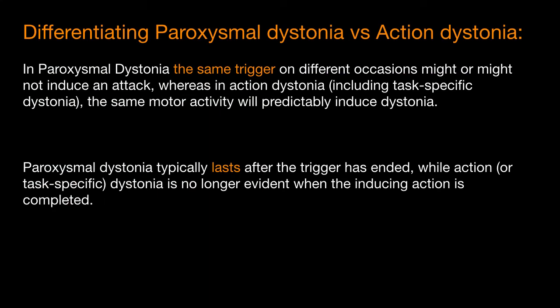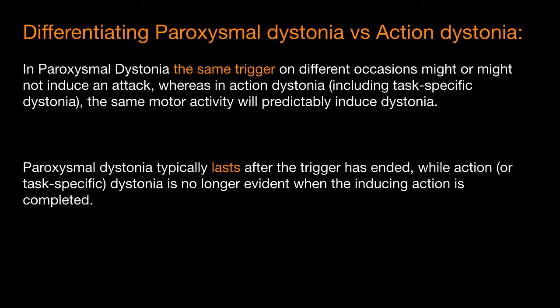To differentiate paroxysmal dystonia from action dystonia, a few points should be remembered. Action dystonia is always triggered by the same activity or actions, such as task-specific dystonia. In paroxysmal dystonia, the same trigger might or might not induce an attack.